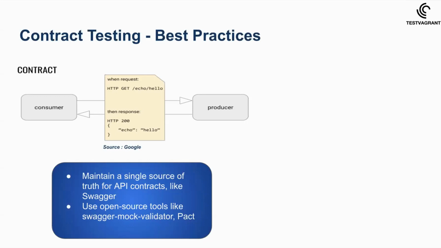Pact is another tool which is very popular. The way Pact works is a little different, right? In Pact, you create certain interactions by mocking your providers or your producers. Eventually, the real provider, the real service, is available. You run those interactions against those real providers.